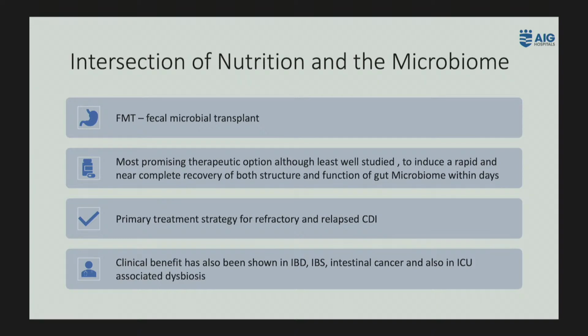The clinical benefit has also been shown in inflammatory bowel disease and irritable bowel syndrome, intestinal cancer, and mainly in ICU-associated dysbiosis. Since it's the least well studied, you have to look at the holistic approach before you recommend it to any patient.